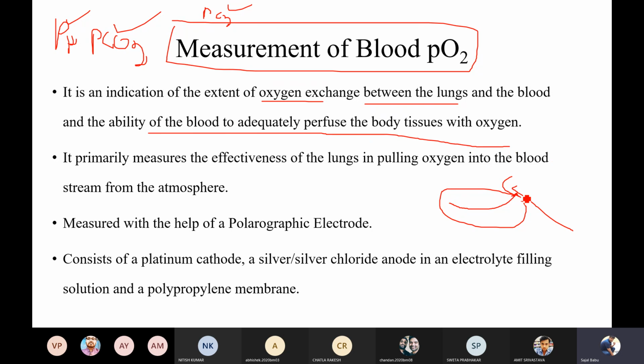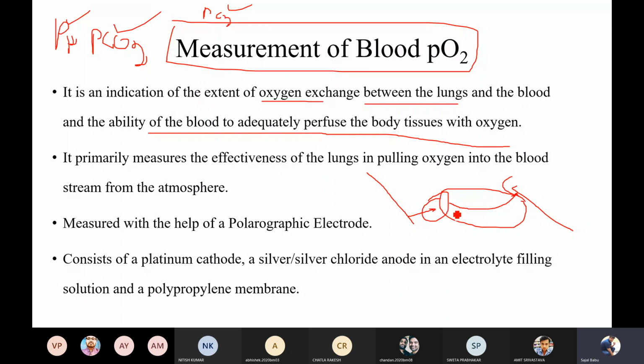One reason will be here: the oxygen from the lungs is not effectively going into the blood. The other reason is, let us consider, if everything is nice, the blood is taking the oxygen and coming to the tissue. At the tissue level, the oxygen in the blood will go to the tissue. So the blood is not adequately giving the oxygen to the body tissues.